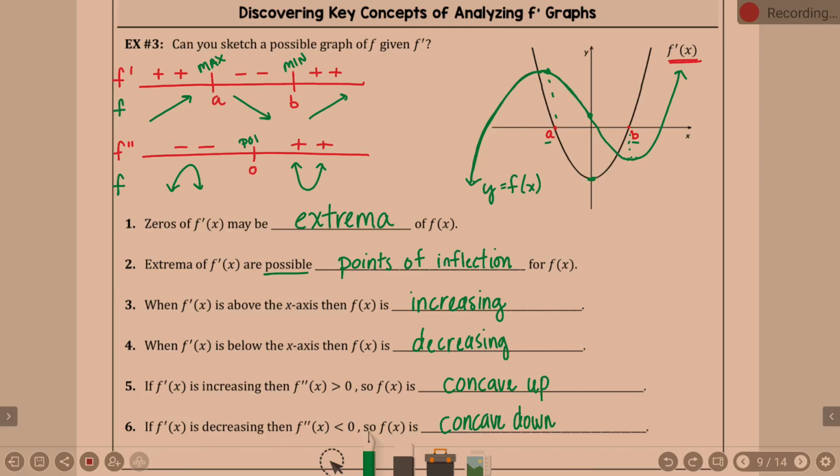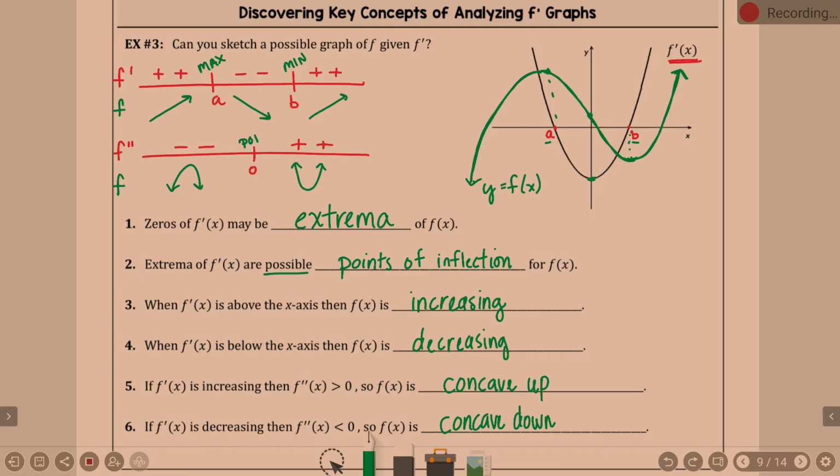So now, we're still decreasing, but we're concave up until we hit B. At B, we tried for a min, and then now, at B, we are still concave up, but now we are increasing.